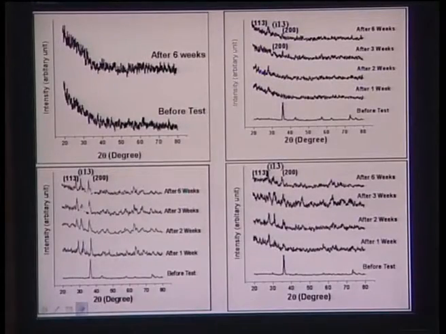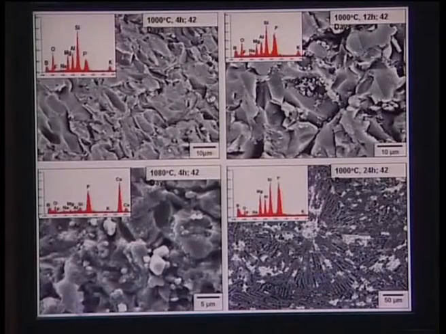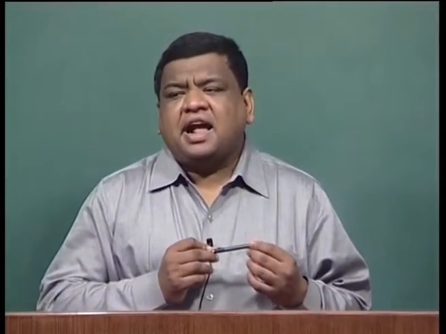What you notice after this artificial saliva testing is that for the 1080 degrees Celsius 4 hours sample, you see crystals which are brighter in contrast, and when you take the EDAX spectra from this brighter crystal, you see a calcium peak as well as a phosphorus peak. The presence of strong calcium and phosphorus peaks essentially tells you that they are a calcium phosphate rich phase.